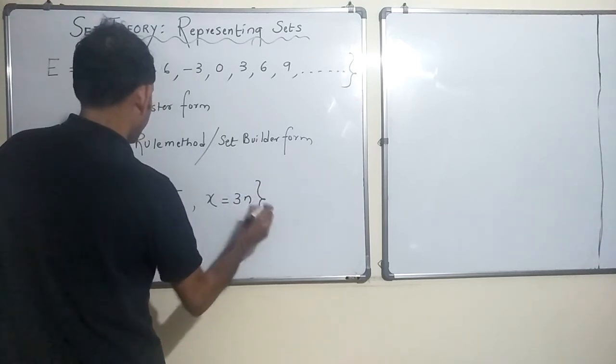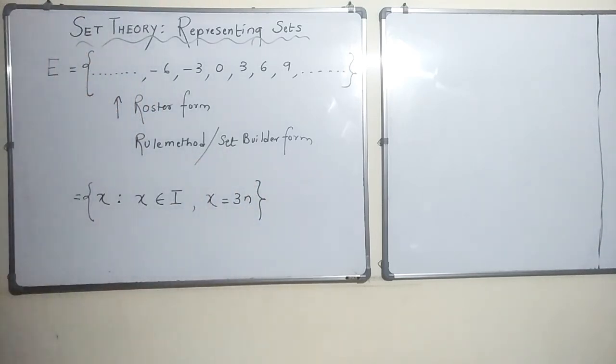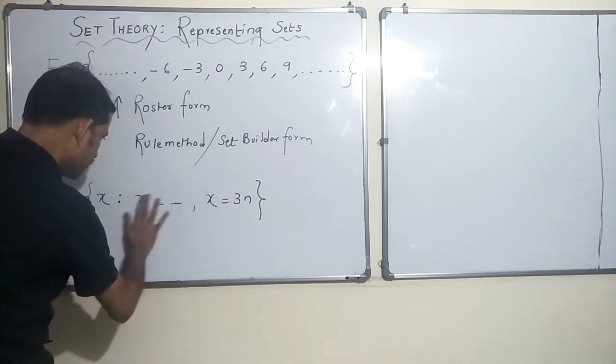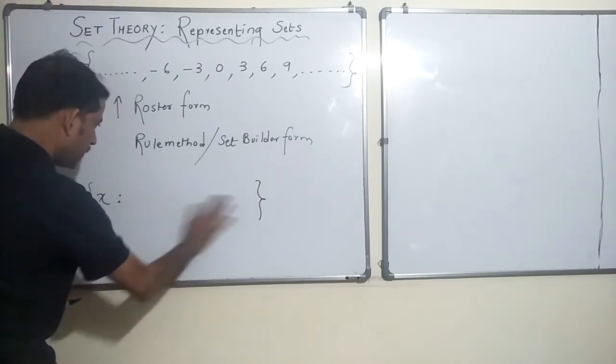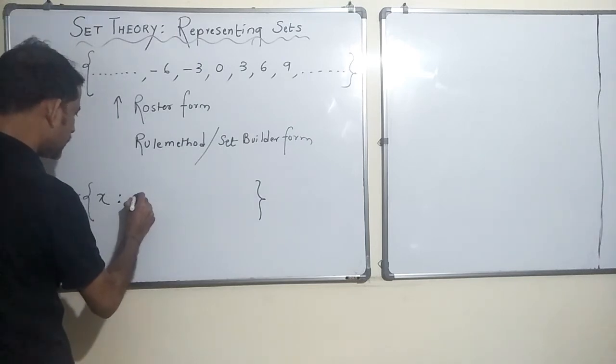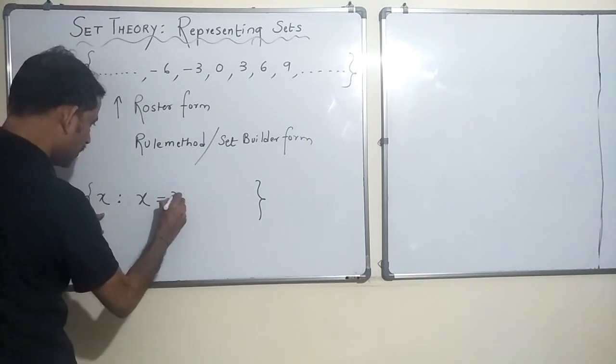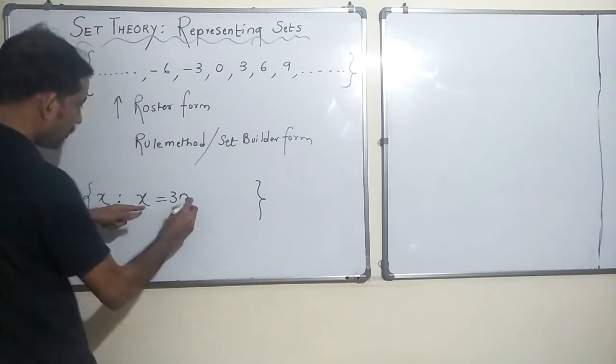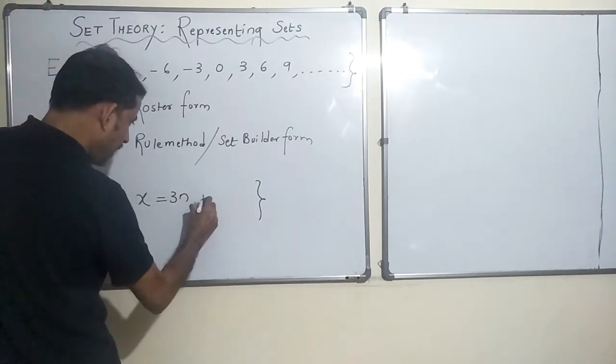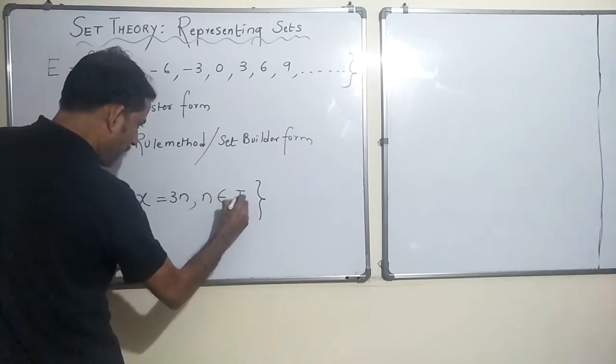Let us see. But then what is n going to be? Rather than that, let us remove this part from here and rewrite it. See, this is how we think. x is equal to 3n. Instead of x belonging to integers, probably I'll say n is an integer.